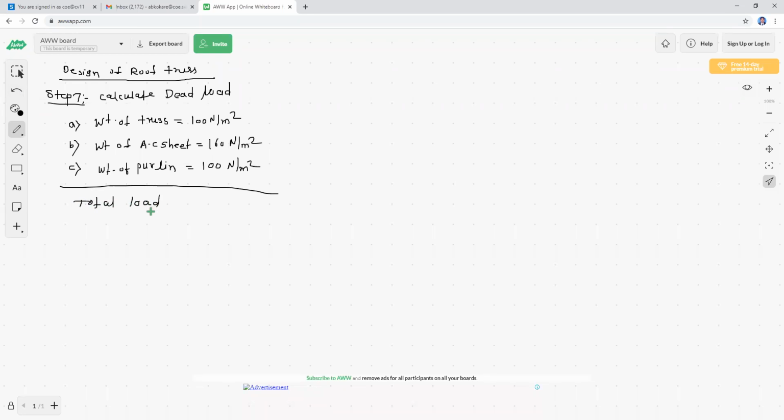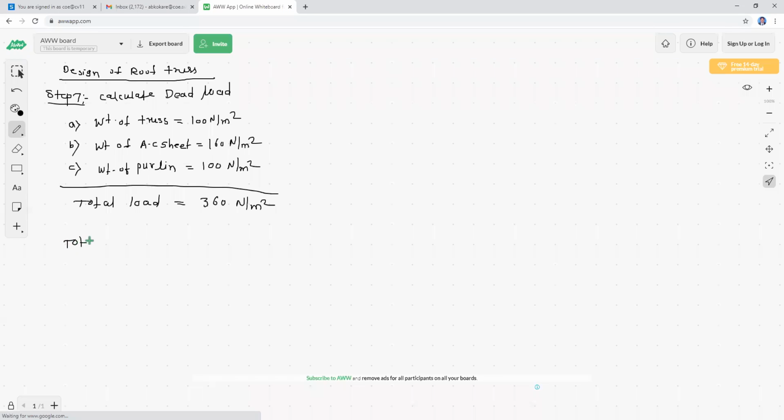So the total load is the addition of these three, which is 360 Newton per meter square. This is the total dead load, 360 Newton per meter square. But we have to calculate the dead load in Newton.